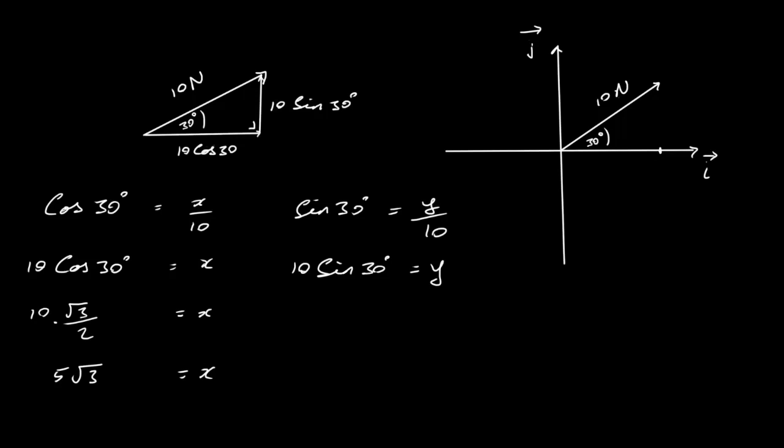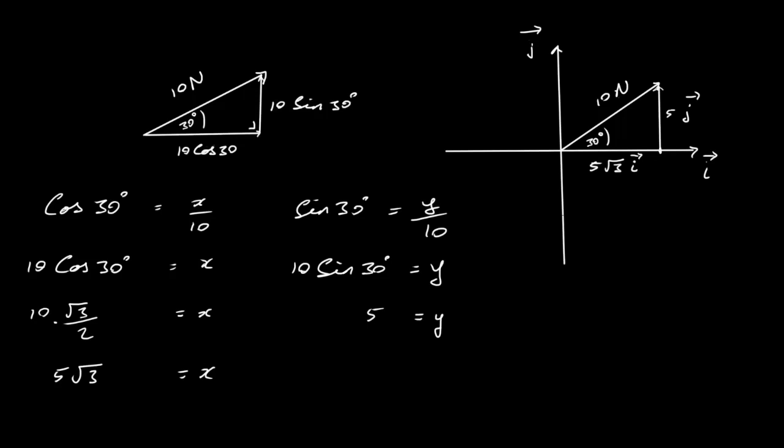So this distance out along here is just going to be 5 root 3 i. And this distance up along here, we get 10 sine 30. Well, sine of 30 is just a half, so we just get 5. So our y direction here is just going to be 5, and this component vector up along here is just going to be 5j.